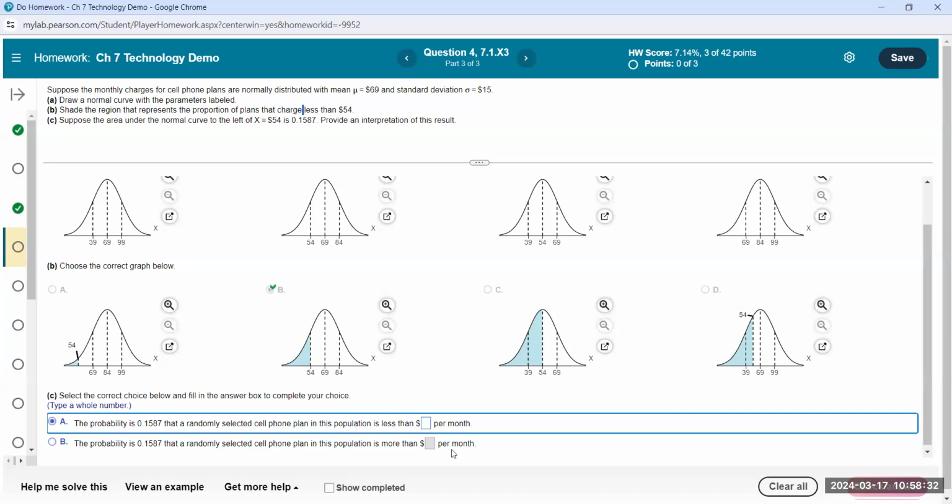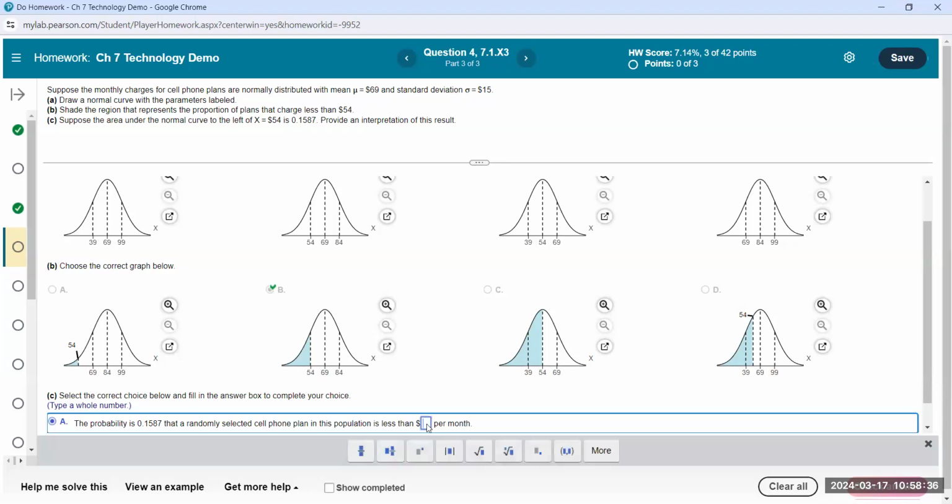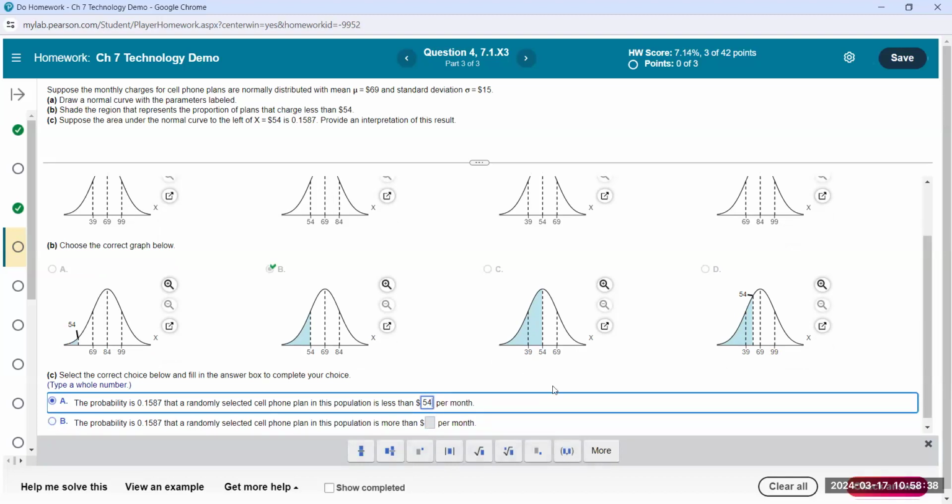And then the dollar amount that is cutting this off here is 54. So if you randomly select a cell phone plan, the odds that their bill is less than $54 are like a 16% chance. So out of every 100 cell phone bills, about 16 will be less than $54 a month.